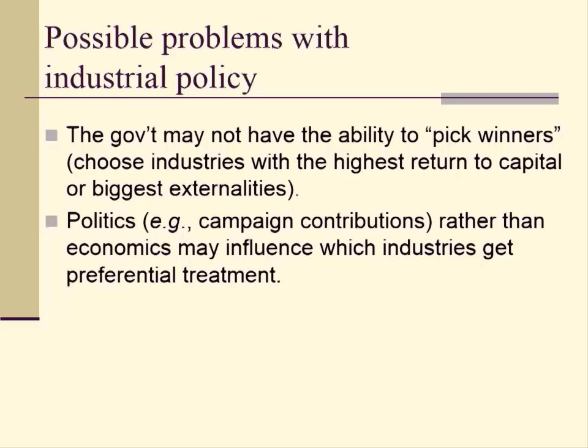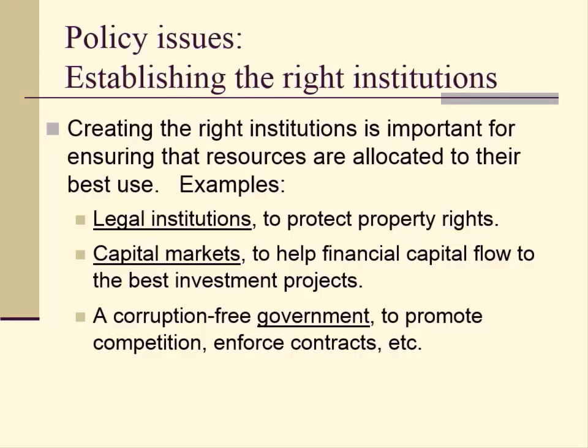preferential treatment. Next policy issue is establishing the right institutions. In economics, there are two kinds of institutions. That is, one, formal institutions, for example, law, and two, informal institutions like culture and norms. And creating the right institutions is important for ensuring that resources are allocated to their best use.